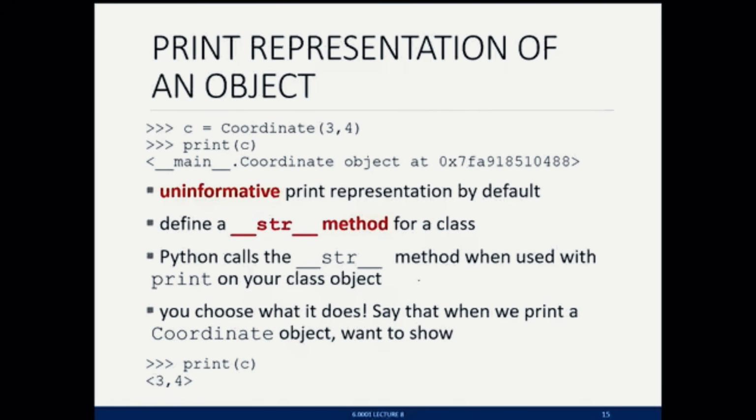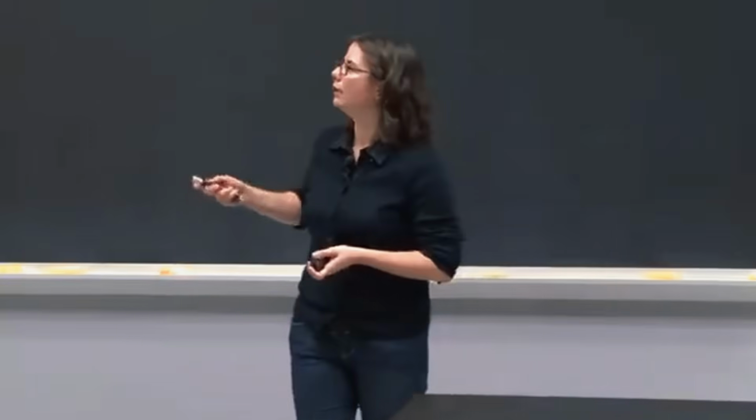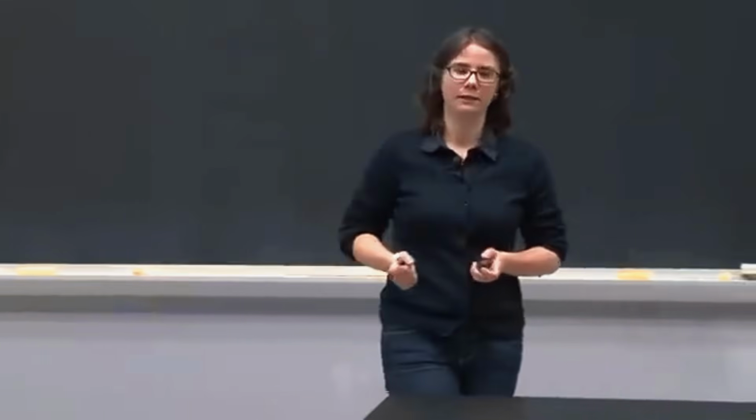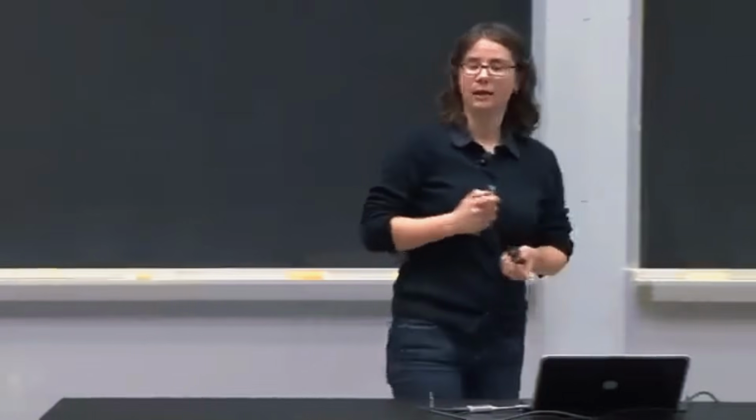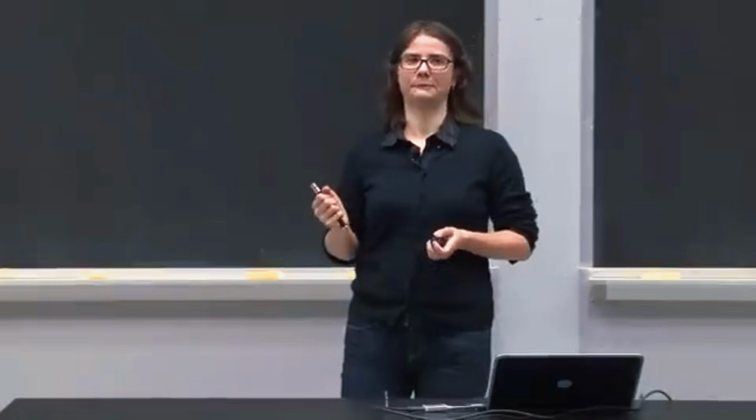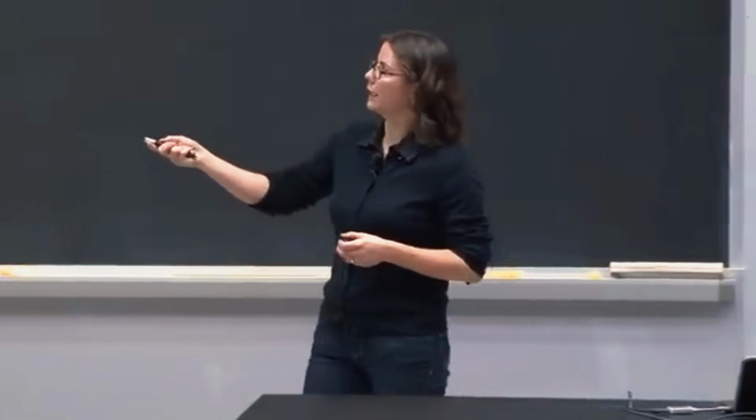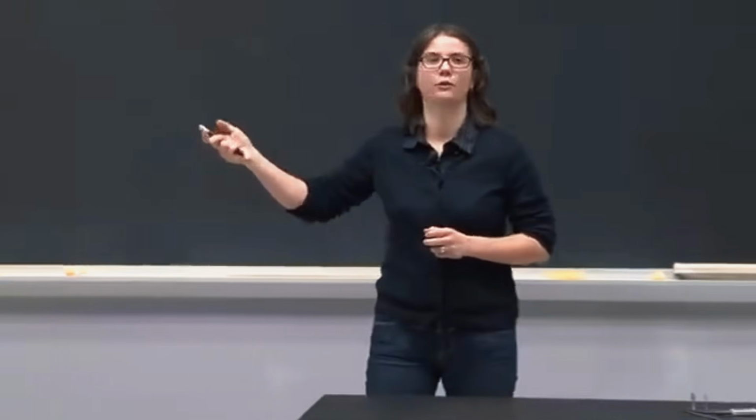So by default, when you create your own type and you print an object of that type, Python tells you this sort of information, which is not what you want. So what you need to do is define your own method that tells Python what to do when you call print on an object of this type. This is going to be a special method, just like init is, because it starts and ends with double underscores. And the name of the method is __str__.